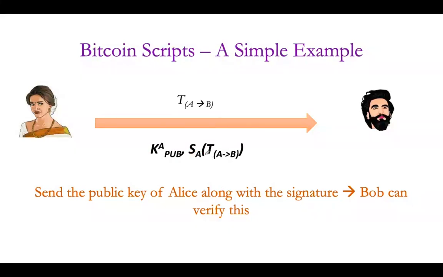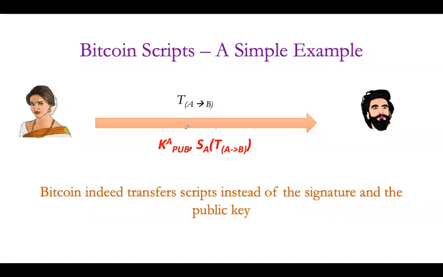But in that case, what happens? This is generally what we use in digital signature verification. But in Bitcoin, instead of the public keys and the digital signature, Bitcoin uses scripts. Bitcoin transfers a script instead of the signature and the public key of Alice.